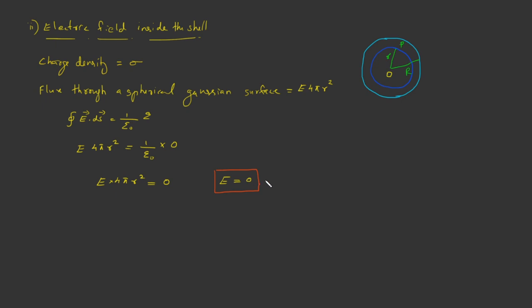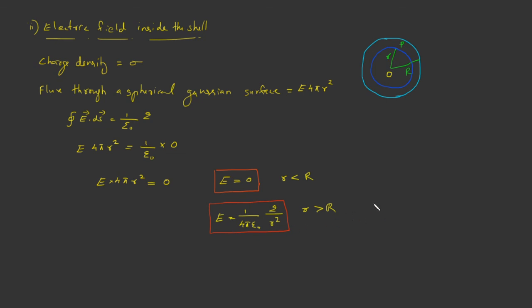So we got E is equal to 0 if r is less than capital R, and E is equal to 1 by 4 pi epsilon 0 Q by r square if r is greater than R. That is, the electric field at all points inside a uniformly charged spherical shell is 0, and outside the shell it is E is equal to 1 by 4 pi epsilon 0 Q by r square.